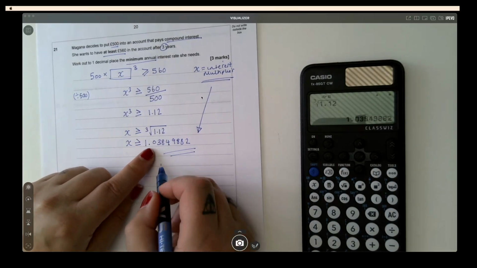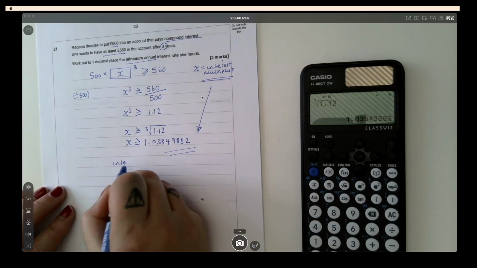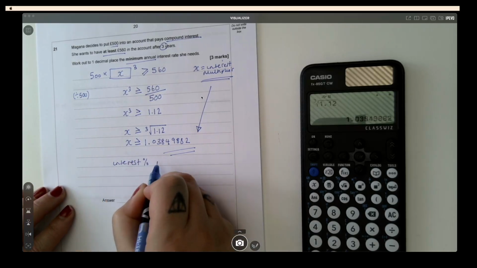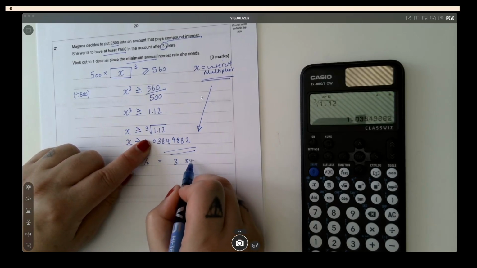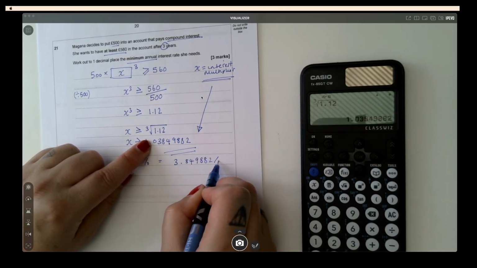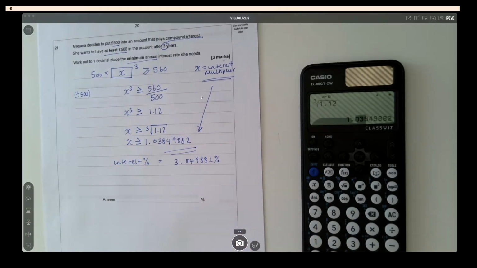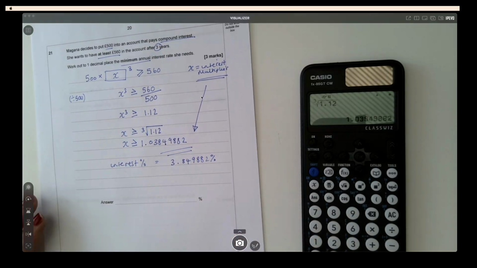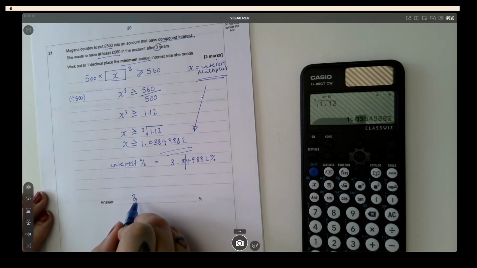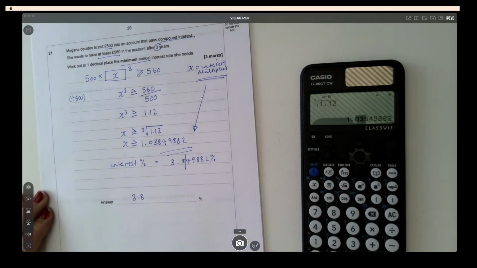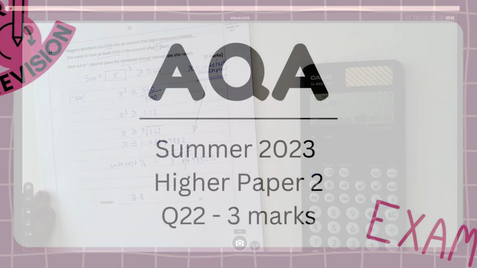So actually the percentage interest is 3.849882%. We want it to one decimal place, so we could say that it's 3.8% to one decimal place.